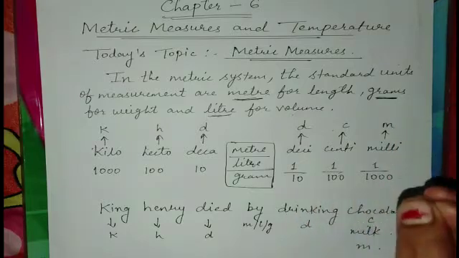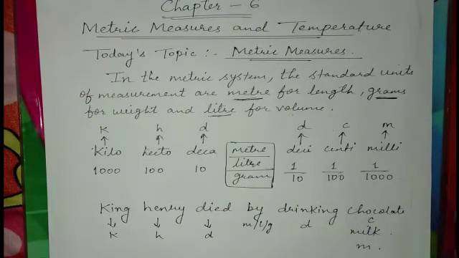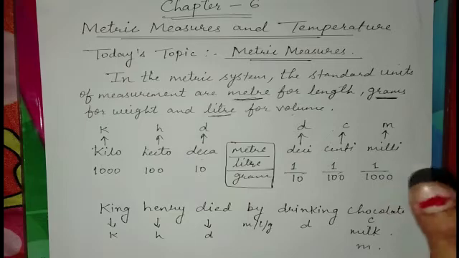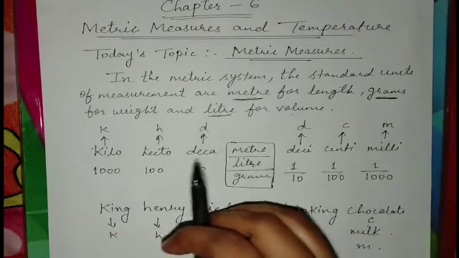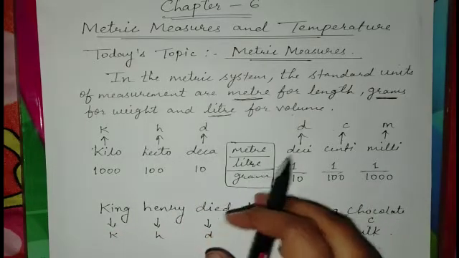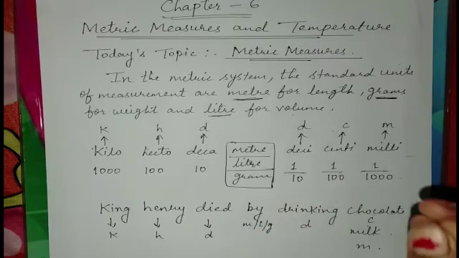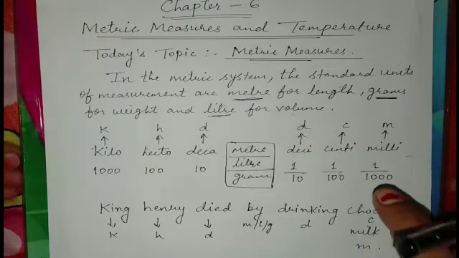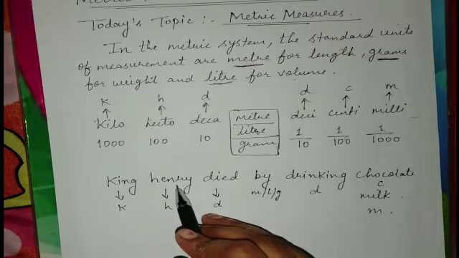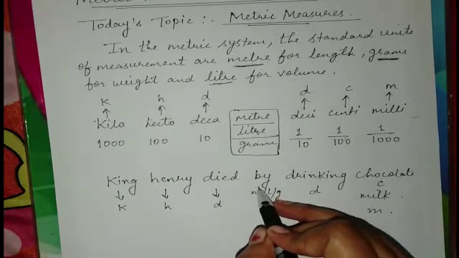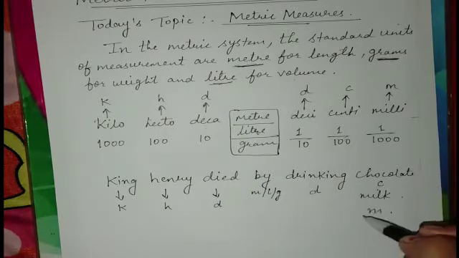One easy trick I will tell you to remember kilo, hecto, deca, meter, liter, gram, deci, centi, milli. You have to remember one sentence, that is King Henry died by drinking chocolate milk.